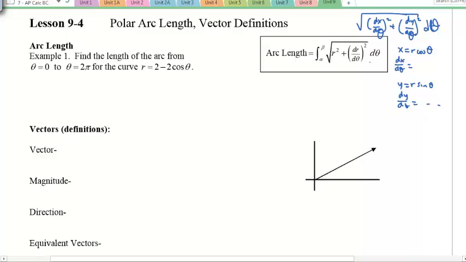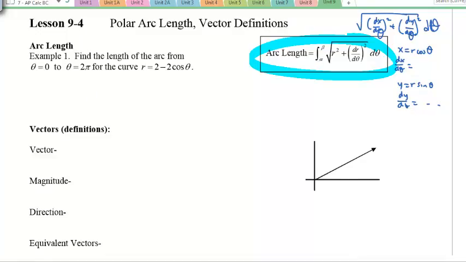Sub them all back into the equation, and I'll let you do that as an exercise, or you can look in your textbook, but bottom line, you'll get this lovely formula, where the arc length for any polar curve is equal to the integral of the square root of r squared plus its derivative, dr/d theta, all squared, d theta.